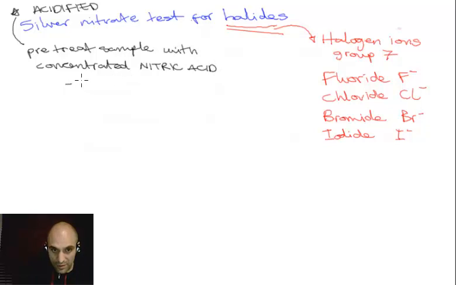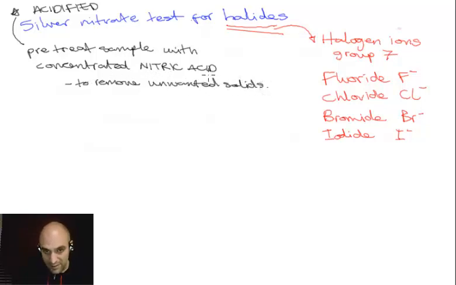You do this in order to remove any unwanted solids that could interfere with your test. Now, nitric acid is ideal because A, it's pretty corrosive, and B, it doesn't contain any ions that could interfere with the test.